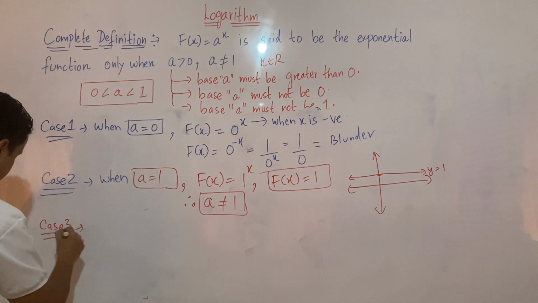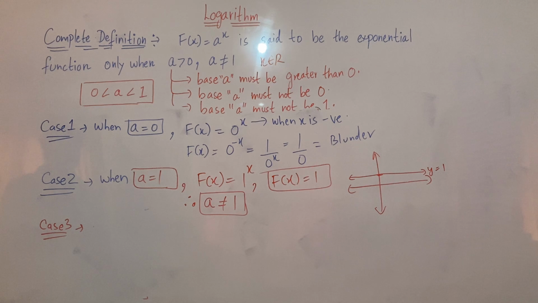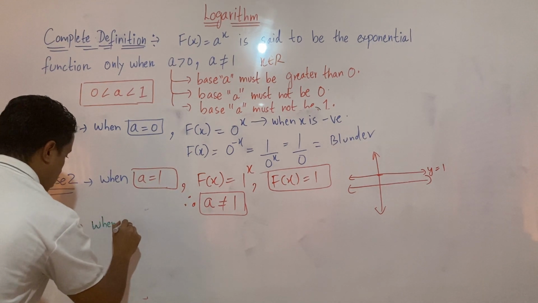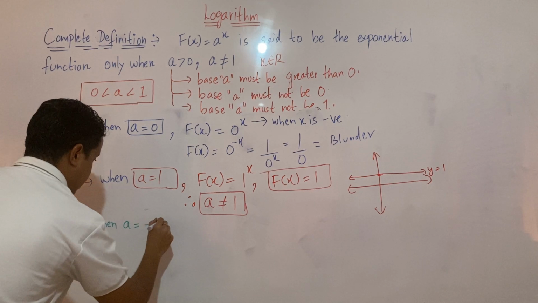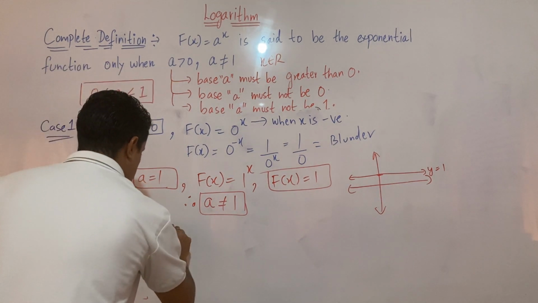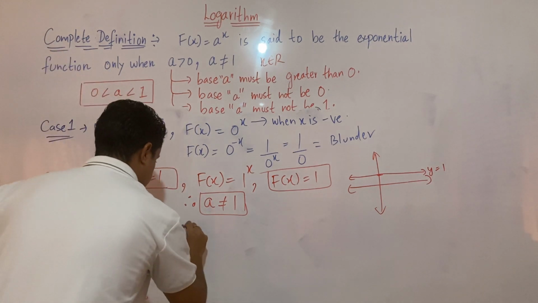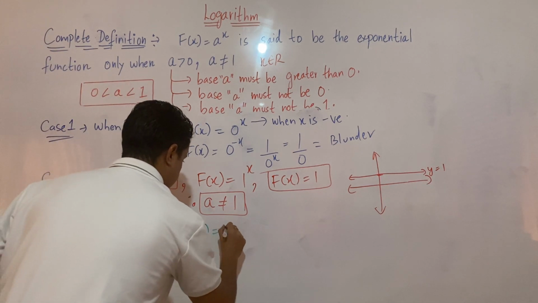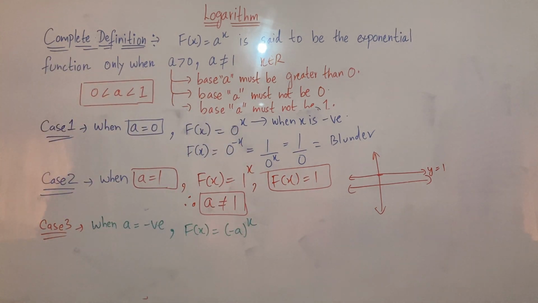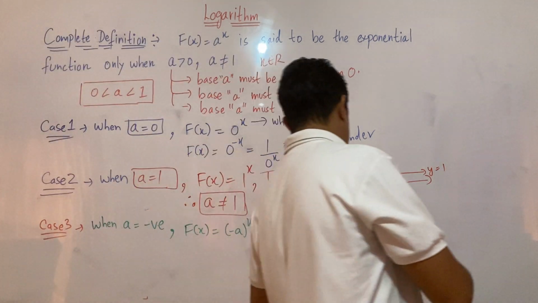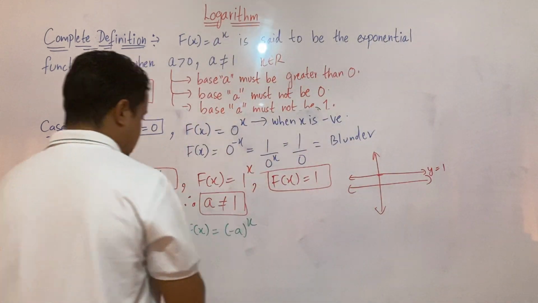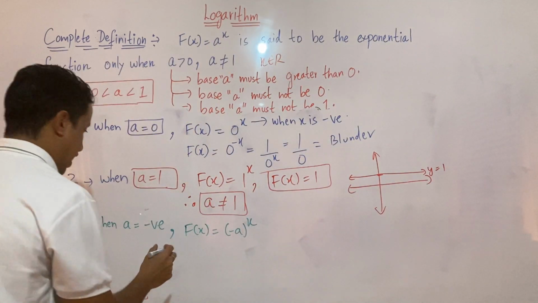What's that? When a is negative. So what happens when a is negative? Your f(x) is going to be (-a) raised to the exponent x. Let's take an example.